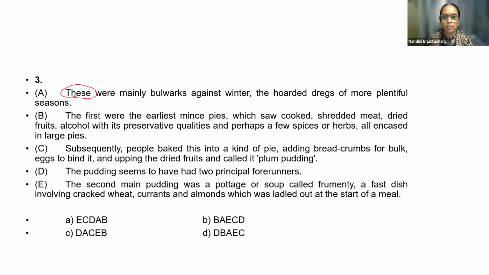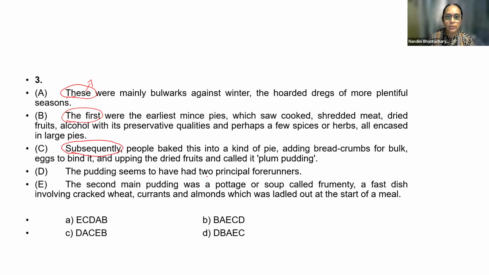A will not be an introductory sentence. These should come before. Yeah. Now B says the first were the earliest mince pies. So this can't be introductory. Yeah. C begins with subsequently. Can it be introductory? No, it can be concluding, but not introductory.